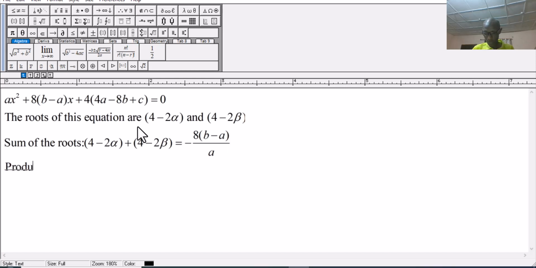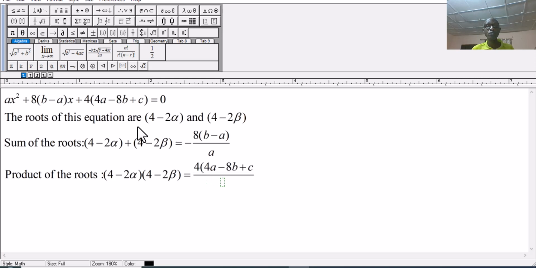Then the product of the roots will be 4 minus 2 alpha times 4 minus 2 beta. So that will be 4 into (4a minus 8b plus c) over a. So that will be the product of the roots.